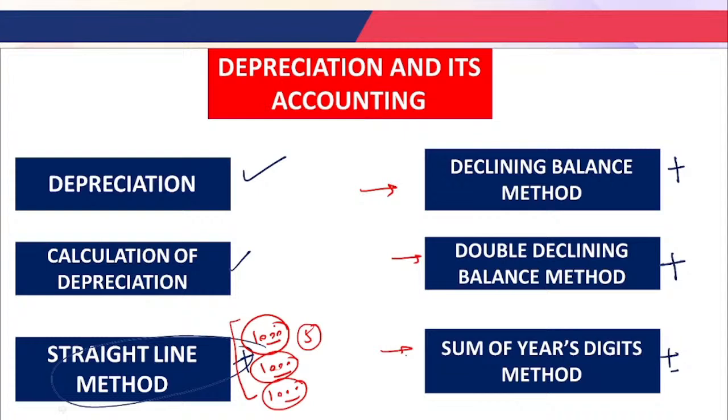In the declining balance method, the only thing you have to understand is that you apply the depreciation rate on the previous year end value and nothing else. That is the declining balance method. In the double declining balance method, you just double the depreciation rate. If the depreciation rate given is 10%, everything else is the same: you calculate the depreciation on the previous year end value. But the name is double declining, which means that if in the declining balance method you use a 10% depreciation rate, in the double declining balance method you use a 20% depreciation rate on the previous year end value.